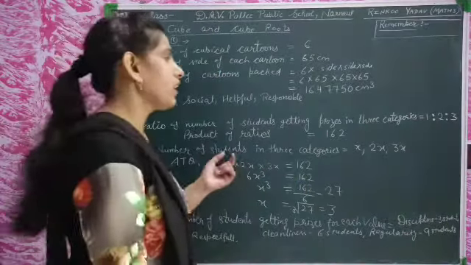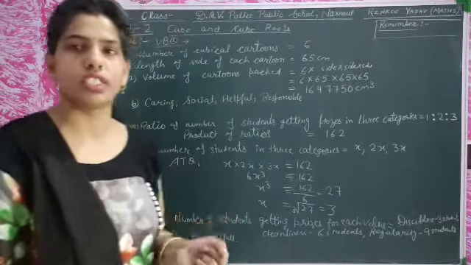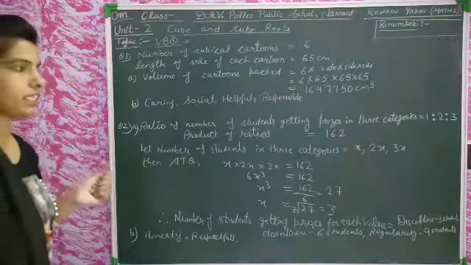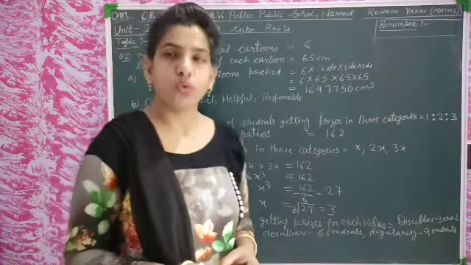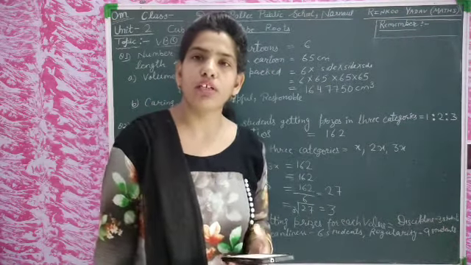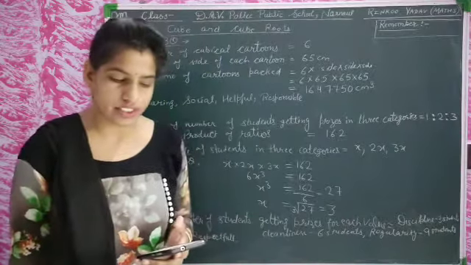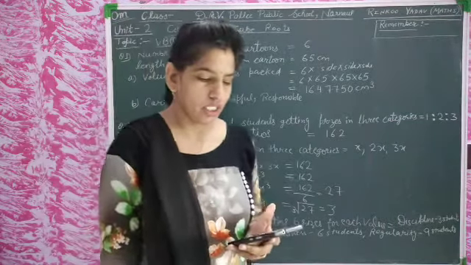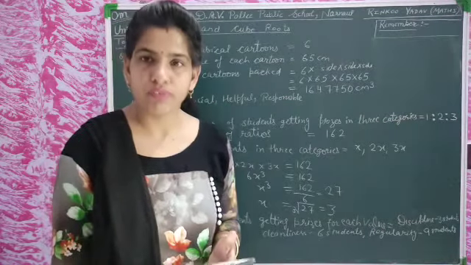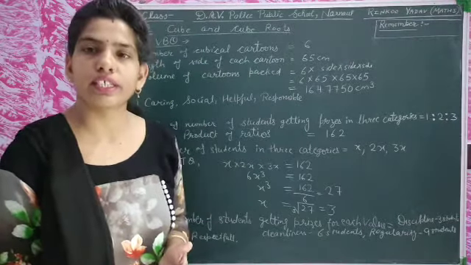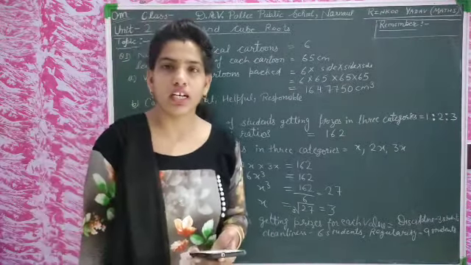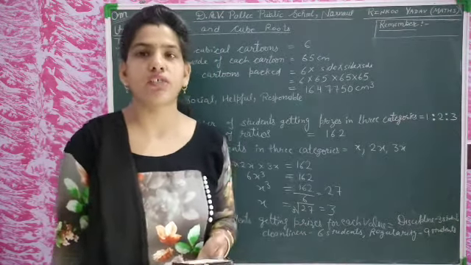So students, now we will go to the next question. I will read the question first. A school decided to award prizes of 3 categories for 3 values that are discipline, cleanliness of environment and regularity in attendance. There are 3 prizes decided for 3 values.